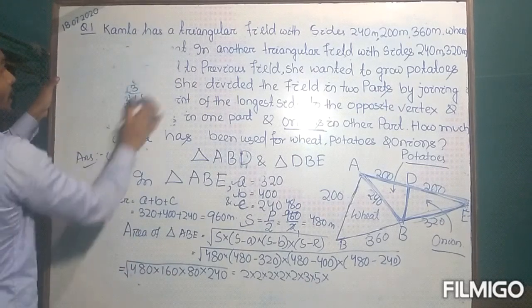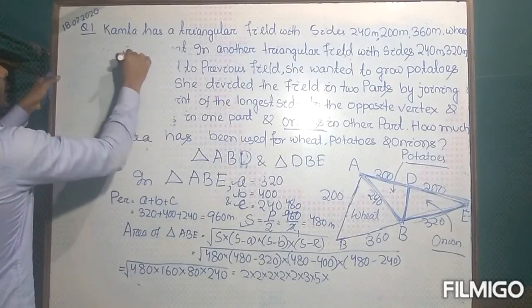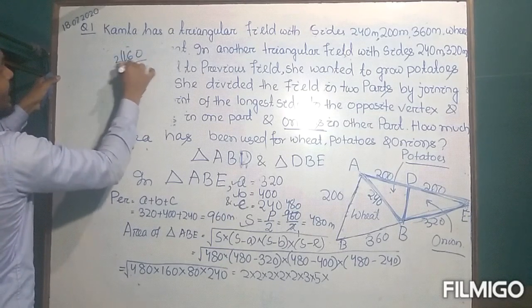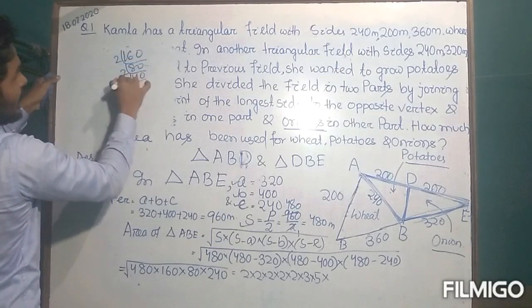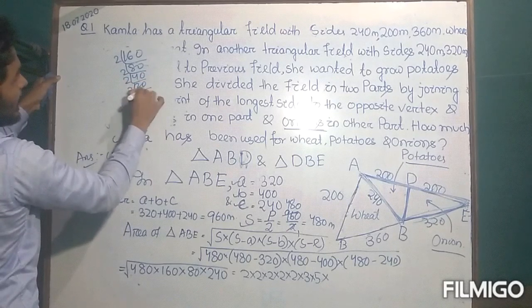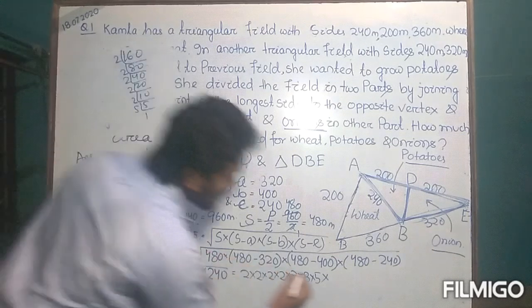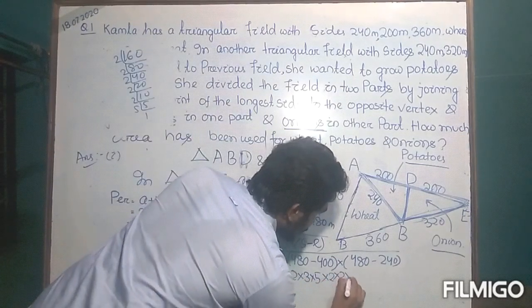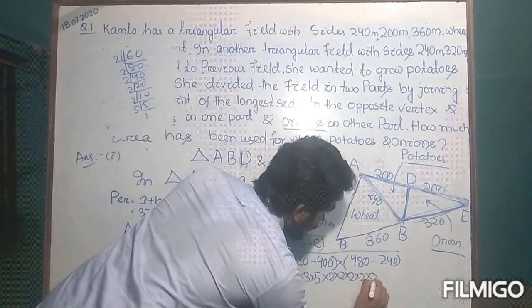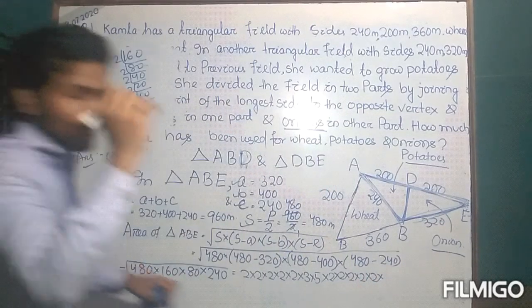So now 160 can be written as 80, 40, 20, 10, 5, 1. 1, 2, 3, 4, 5 twos and single 5.